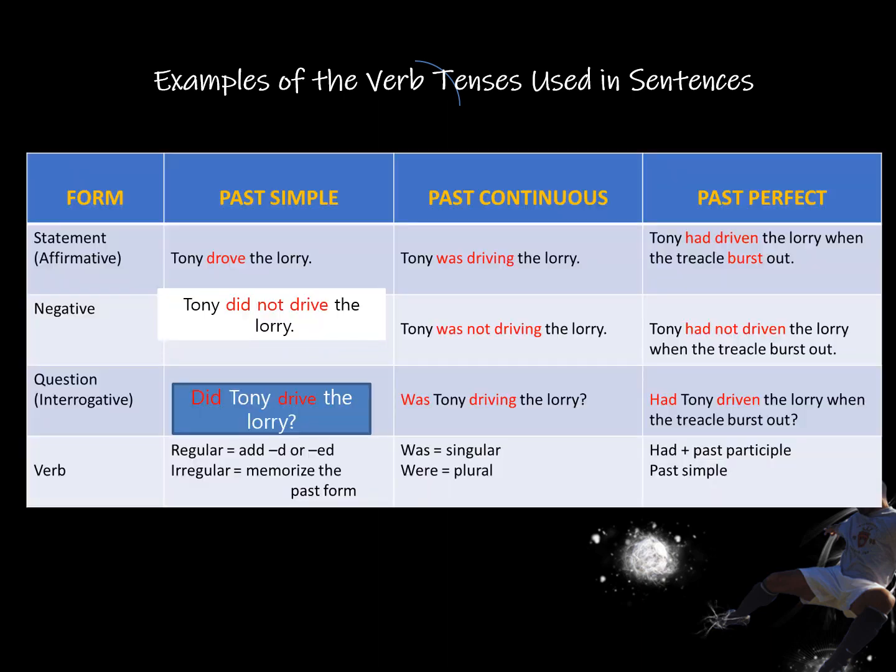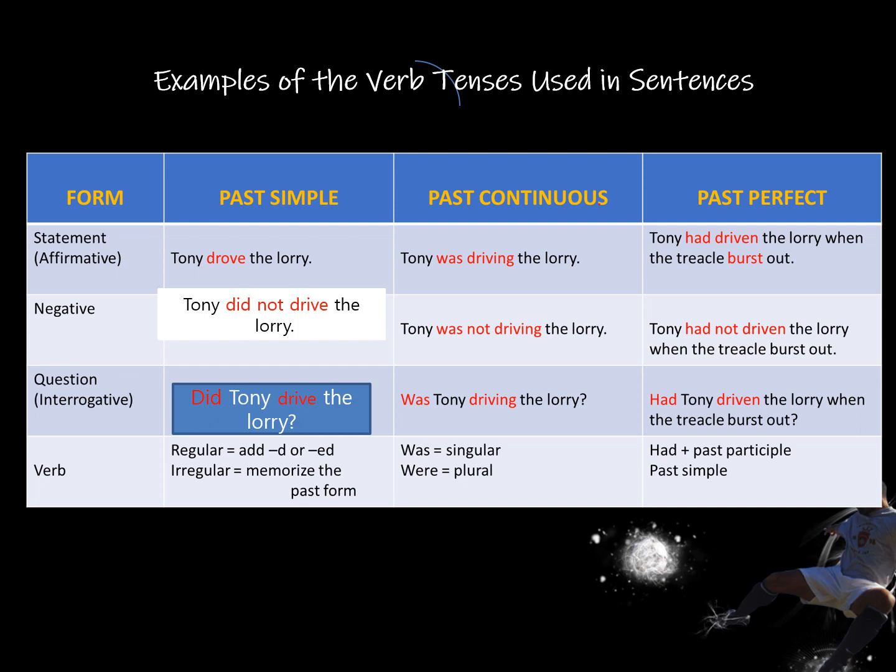Let us now see these examples of the verb tenses used in sentences. So here are the forms of statement, negative, and question or interrogative, while you have there the tenses as such as past simple, past continuous, past perfect.